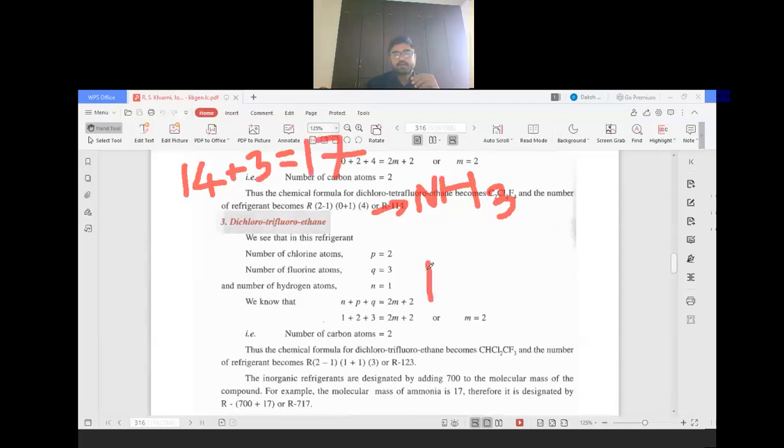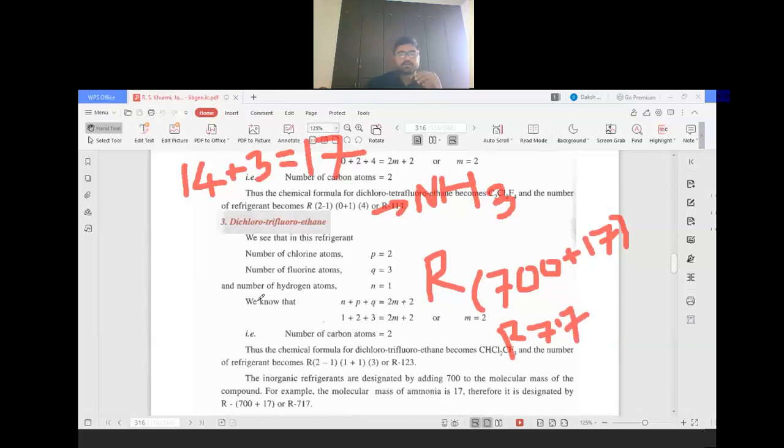So the rule for refrigerant designation is whatever the molecular mass, you need to add it with 700. Clear? So this will be our refrigerant number, 717.